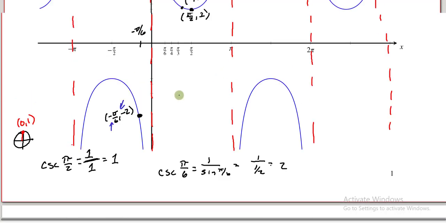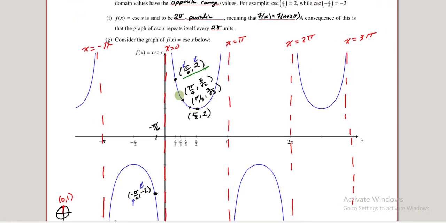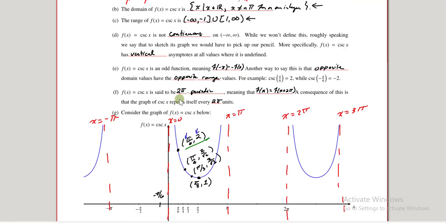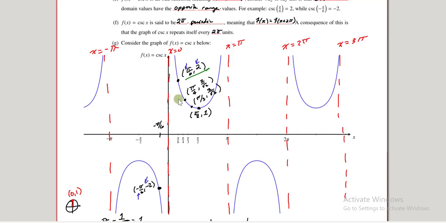Okay, folks, that was a little bit lengthy, but that was our in-depth look at the graph of the cosecant function. I do want to add one more thing. I was able to construct this graph of the cosecant function just by plugging in values, but I want to point out there's a similarity between the cosecant function and its reciprocal function.